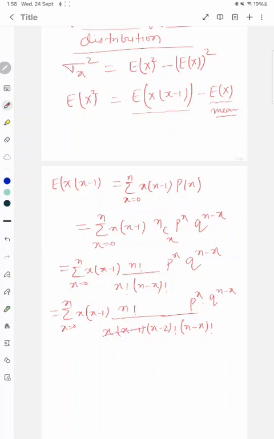So these terms and these terms will cancel. Now the summation x from 0 to n factorial n by x minus 2 factorial n minus x factorial p^x q^(n minus x).